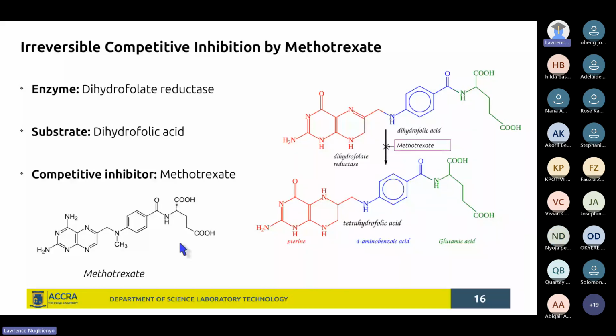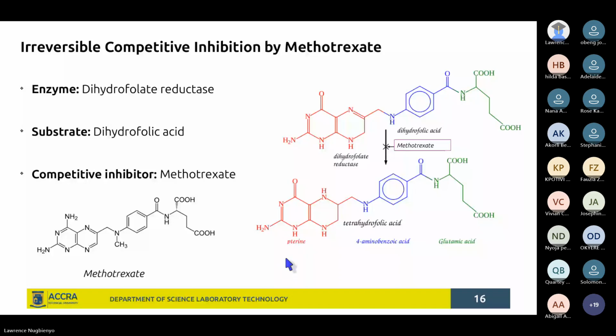So yes, even though cancer cells are being targeted, it does happen that the drug can also affect normal cells. That's why you have such side effects as well. All right. And so, of course, in the engineering of medicines, the more specific the drug is, the better, so that the side effects are much more minimized.